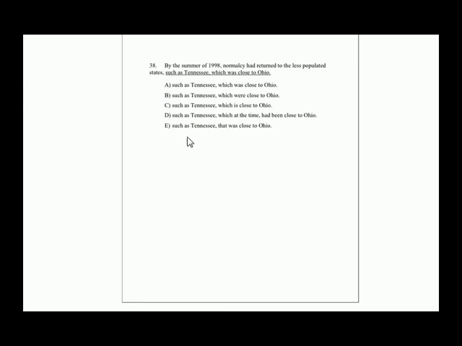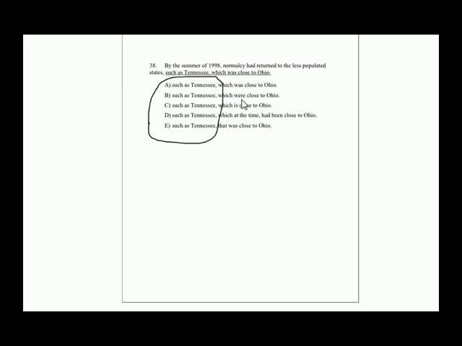The first part of all the answer choices is identical, such as Tennessee. And then you have the differences. This which or this that refers to Tennessee, which was close to Ohio, which is a repeat of the original question, which were close to Ohio.